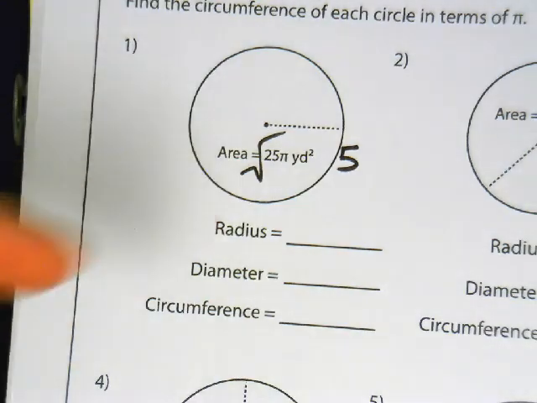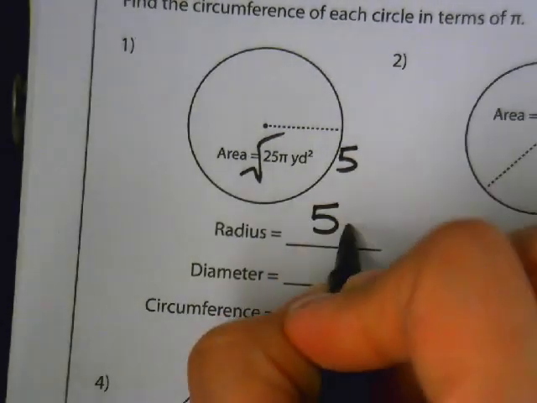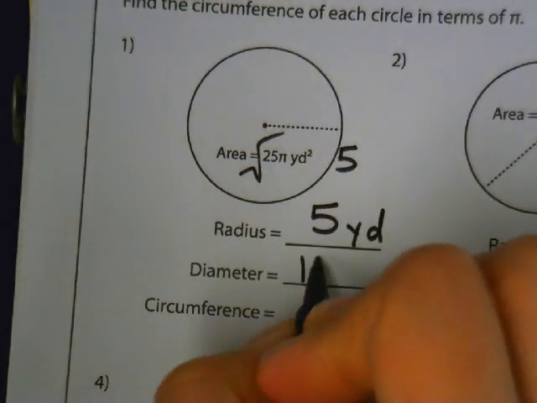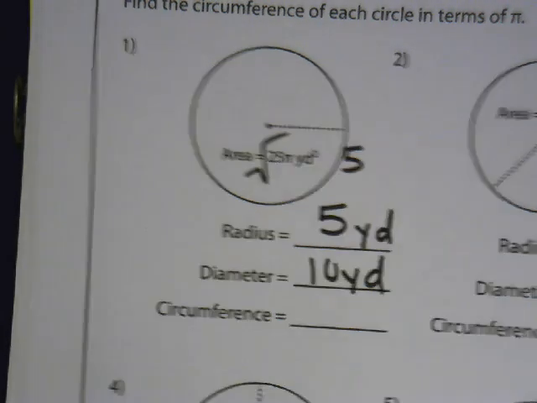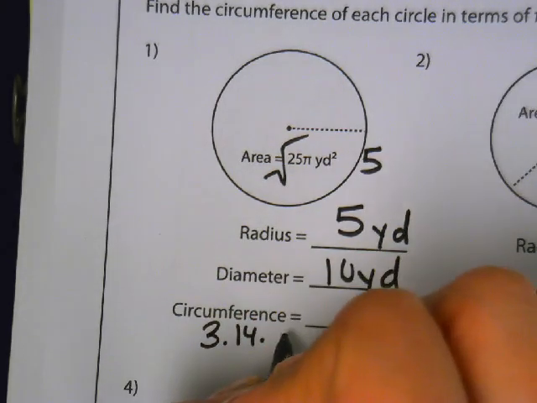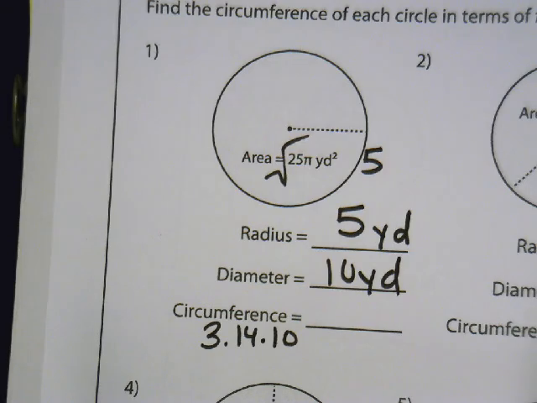A radius, a diameter, or a circumference? A radius. What would the diameter be? 10. Now, circumference is what? Circumference is 3.14 times your diameter. What's my diameter? 10. So what's 3.14 times 10?